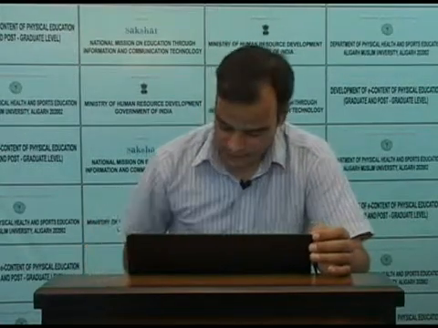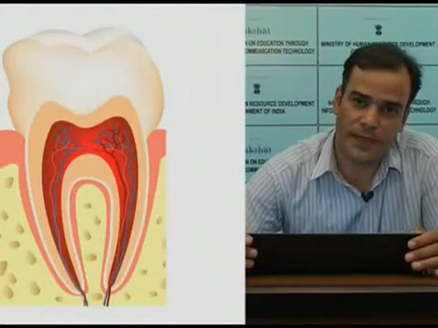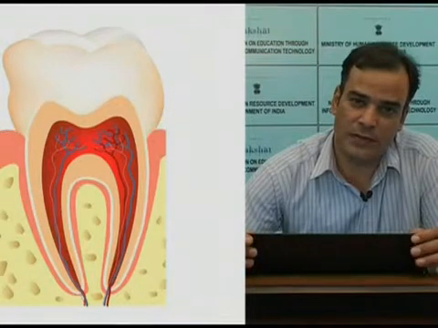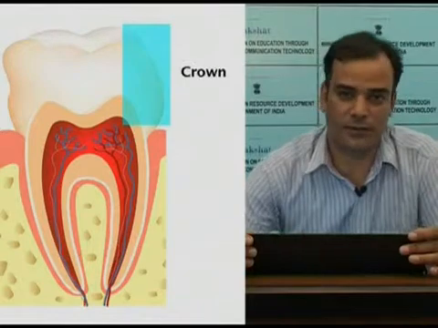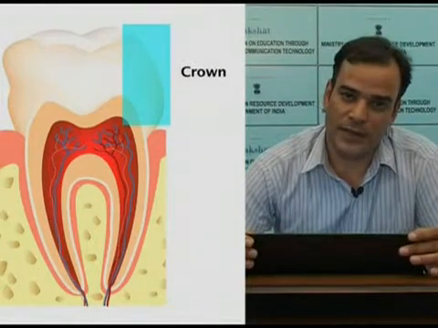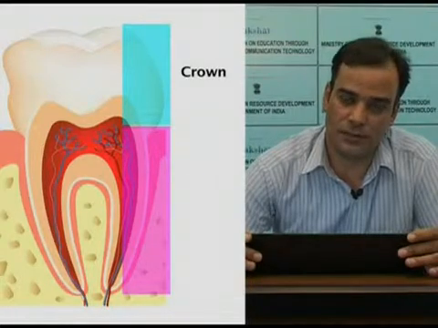Our teeth can be divided into different regions. The portion that comes out of the gums is called the crown, and the portion that is hidden inside the gums is called the root.